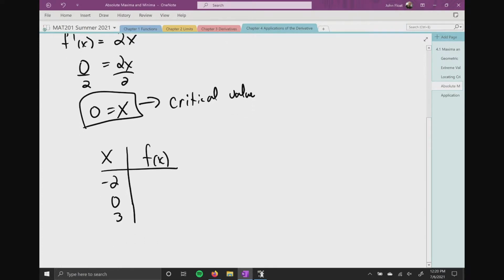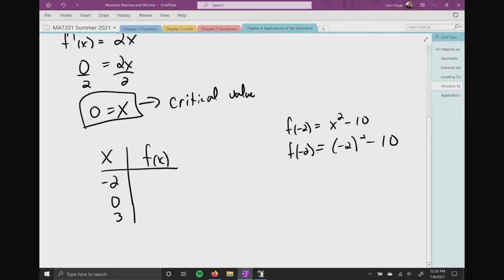And what I'm going to have to do is evaluate my function at all these different x values. So off to the right here, f of -2 is going to equal x squared minus 10. And we could use a calculator for this, but I don't think we really have to. So when f is -2, f of -2 is going to be -2 squared minus 10.